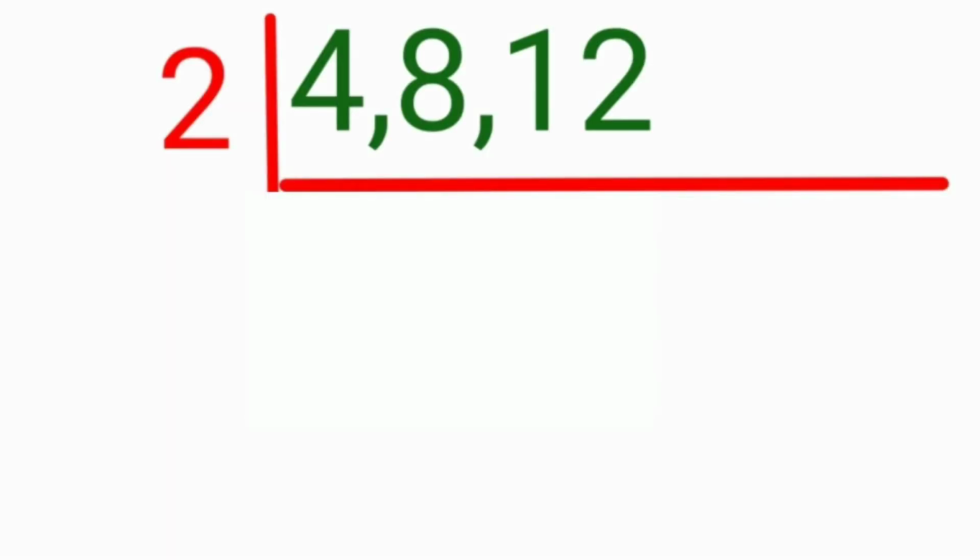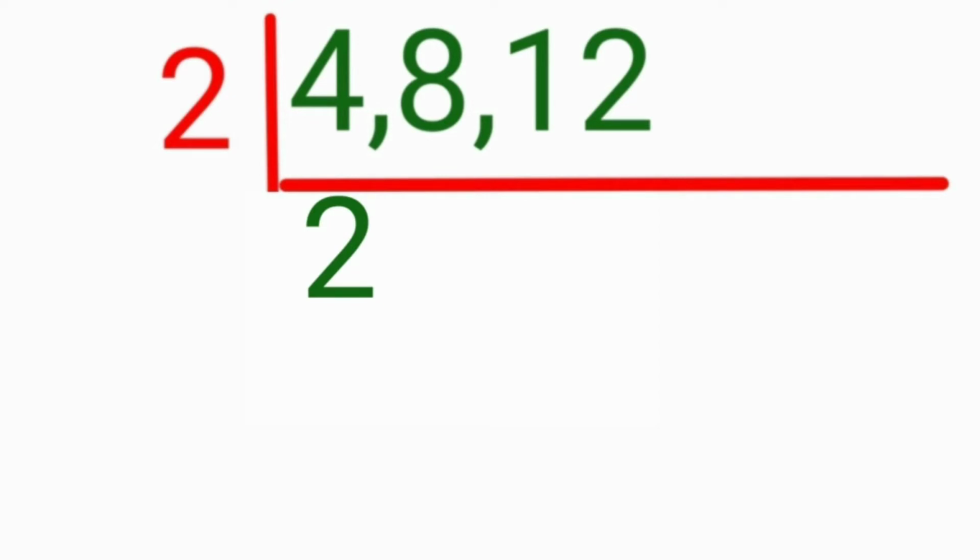Now let us find the LCM for the numbers 4, 8 and 12. Which number divides all the three numbers, that is 4, 8 and 12? Yes, 2 divides all the three numbers. So we write 2 here. How many 2's are in 4? 2 2's are in 4.